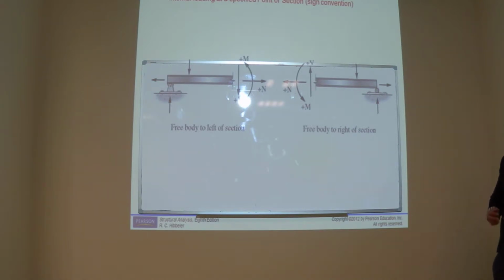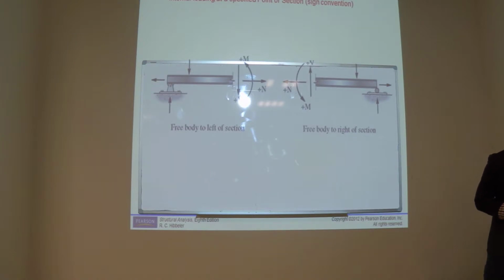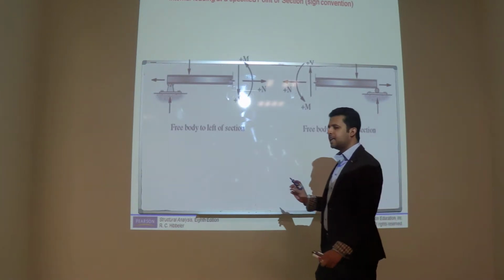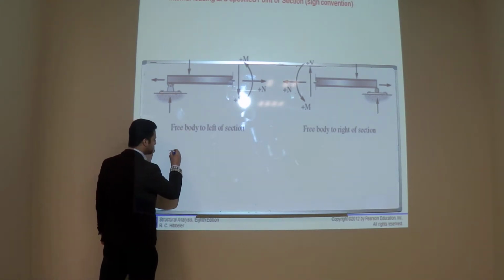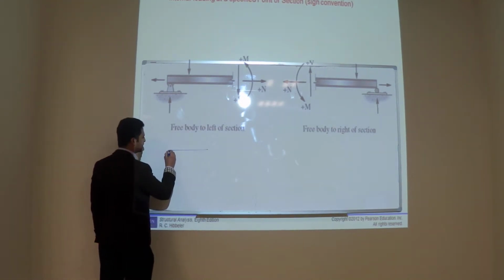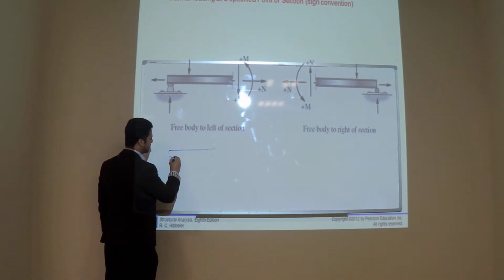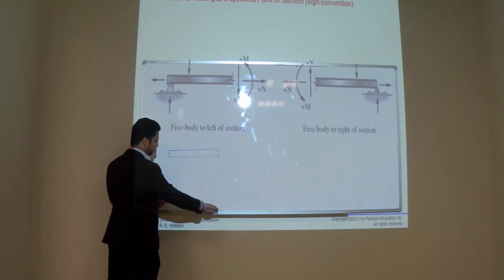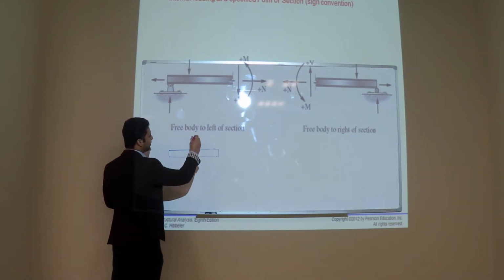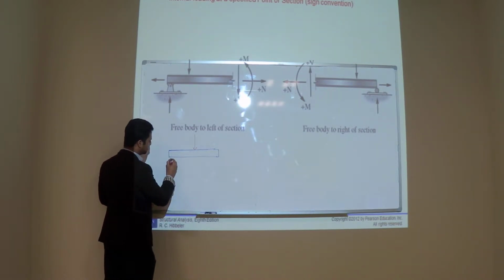Well, let me tell you in a short way, for any axial force, there are three types of effects. For example, there is a beam. You apply a force on this beam and it has two reactions.